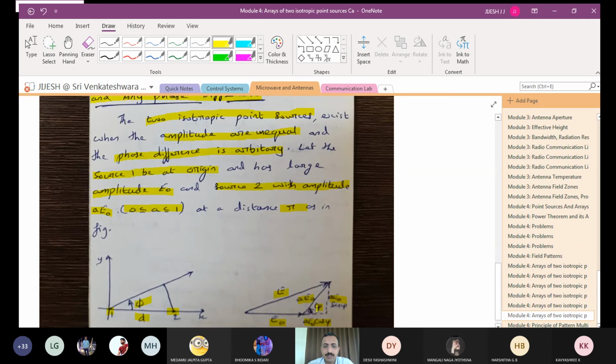You are going to have this component psi. So you'll be getting A E naught cos psi and A E naught sin psi. We are going to represent this with the help of an equation. So we'll see that.